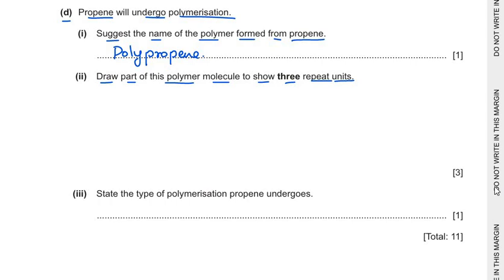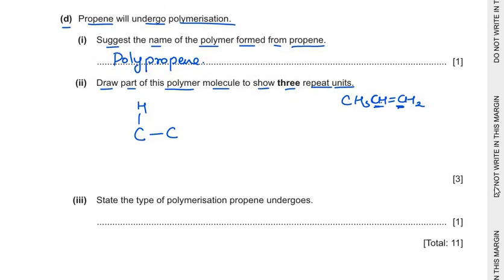Now propene is a molecule with CH3 CH double bond CH2. I always say that these 2 carbons are the repeating unit which we have to draw. So the 2 carbons I have already drawn. Now we can see that this carbon is bonded to one hydrogen, and the other bond is bonded to the methyl group.